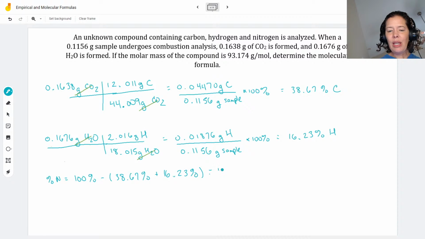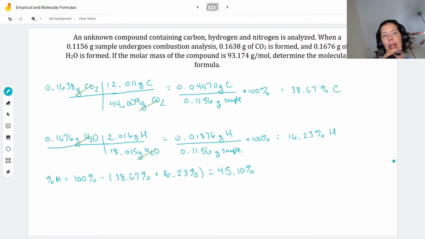And that gives me about a 45% nitrogen. All right, now I've got all of my percents. So this problem becomes just like all of the previous problems that we've done. So we're going to assume that we have 100% of everything.